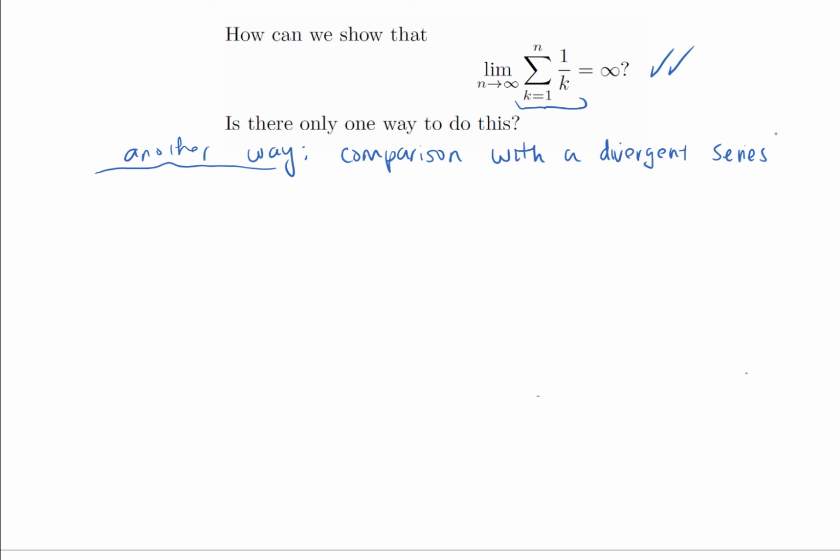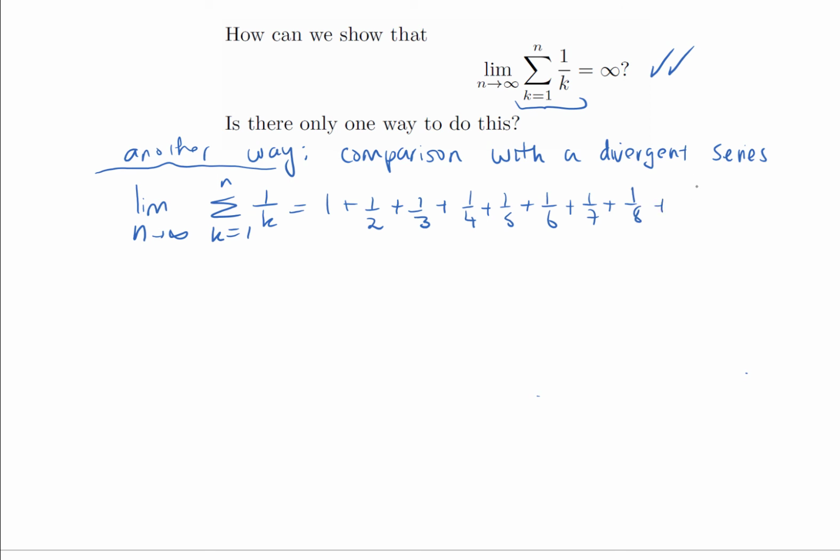So let's see. As we take the limit as n goes to infinity of the sum from k equals 1 to n of 1 over k, we're doing 1 plus 1/2 plus 1/3 plus 1/4, 1/5, 1/6, 1/7, and so on and so forth.